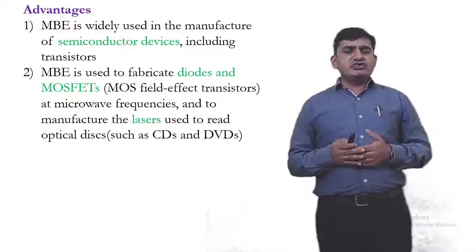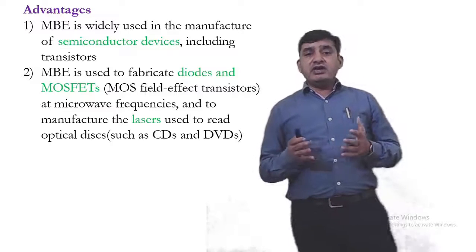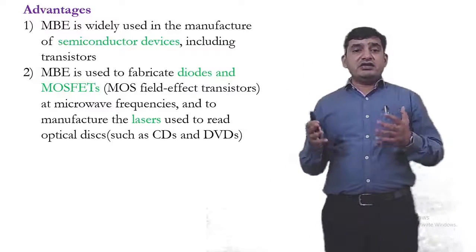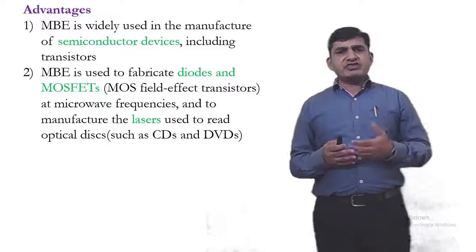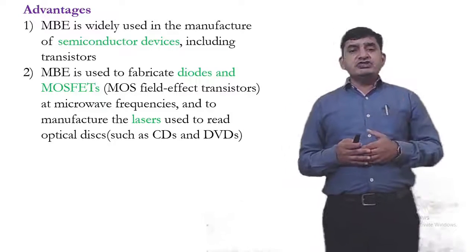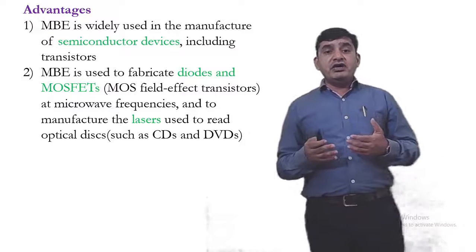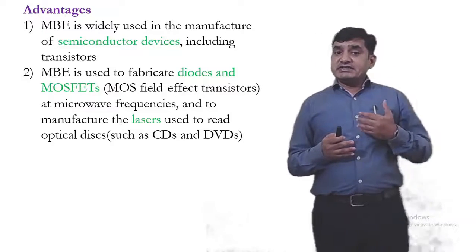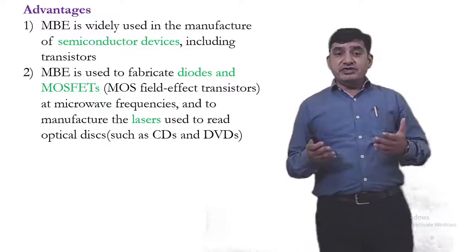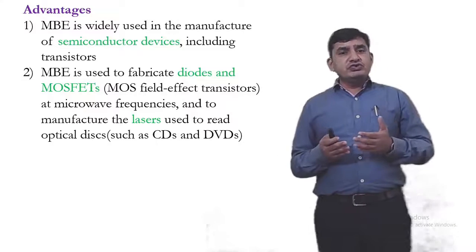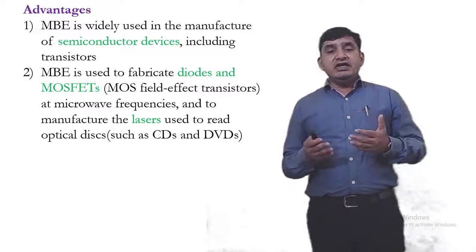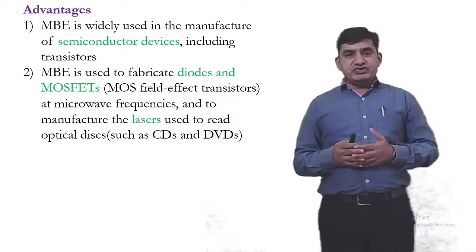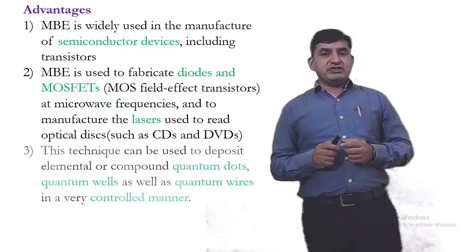It is also used to fabricate diodes and metal oxide field effect transistors. And it is also used to manufacture the laser which is used to read optical discs such as CDs and DVDs. The laser used to read CDs and DVDs can be manufactured using molecular beam epitaxy.